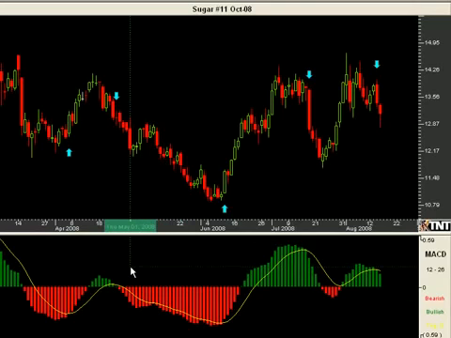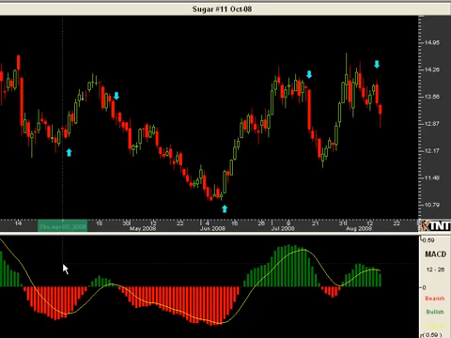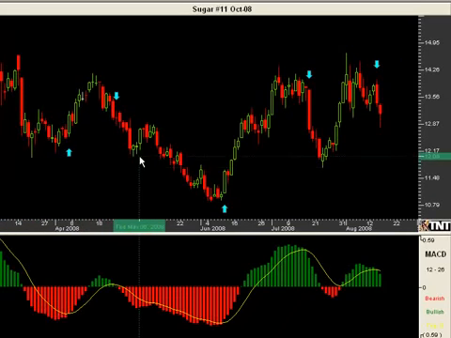The traditional settings for the MACD indicator are 12, 26, which means you're looking at a 12-period moving average and a 26-period moving average, and then you have a 9-period moving line. You can see here we've got the sugar chart, and it follows it pretty closely.